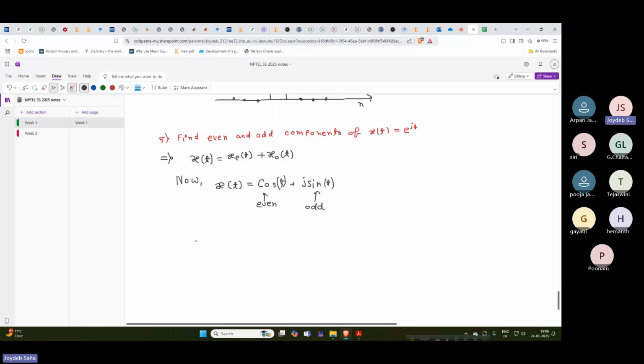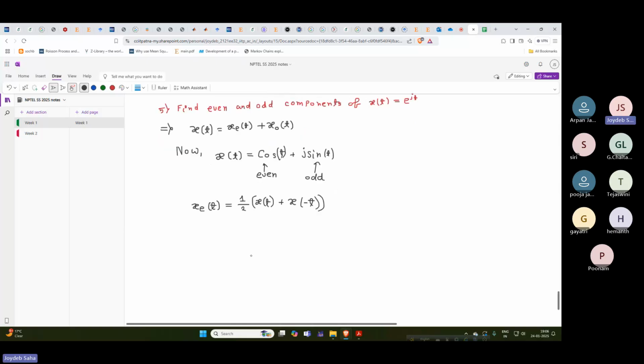Actually, using two formulas we can calculate. x_even(t) is equal to 1 upon 2 [x(t) plus x(-t)].